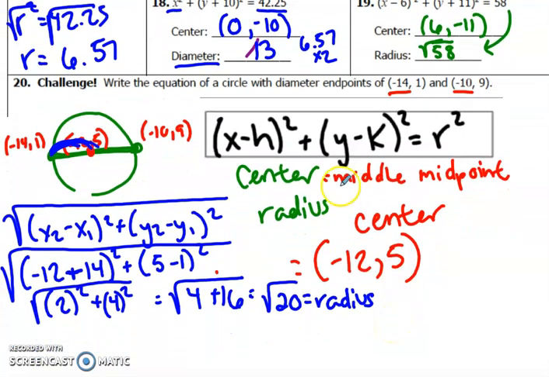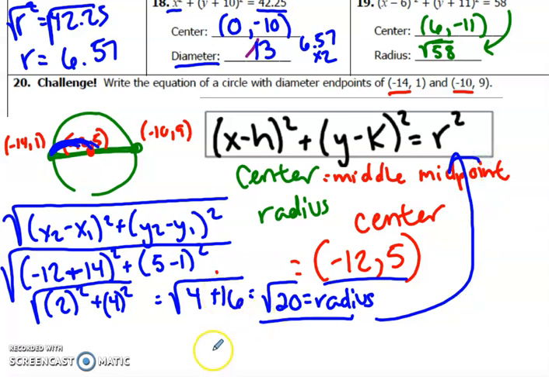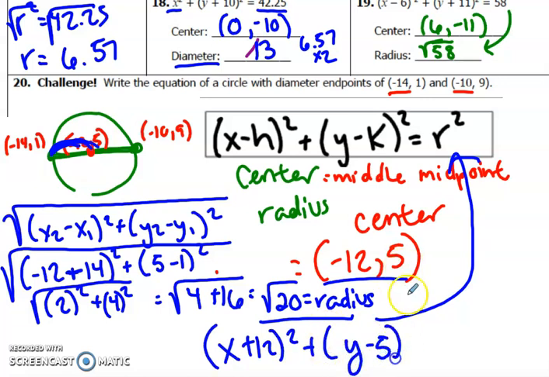So now I can take my radius and my center and plug them into my equation. So your final answer would be x plus a 12 squared, y minus 5 squared, and then equals 20, because the square root of 20 squared would be a 20.